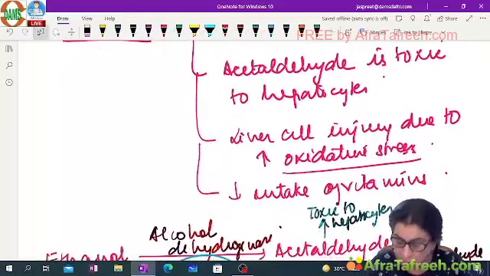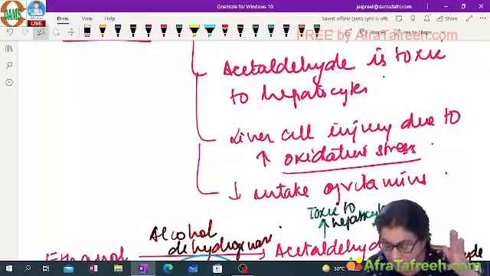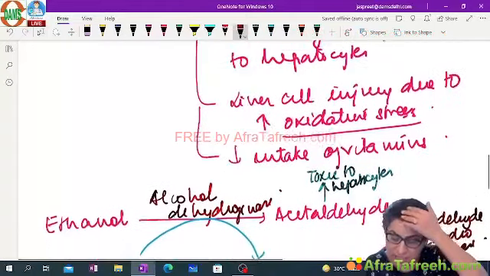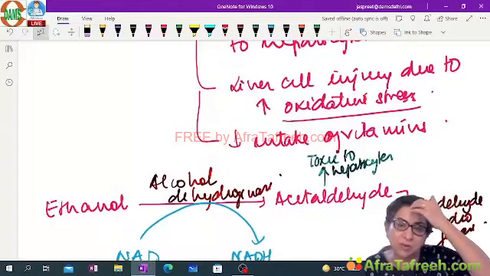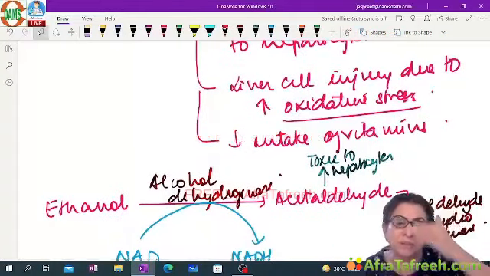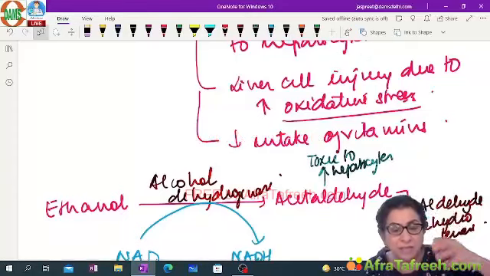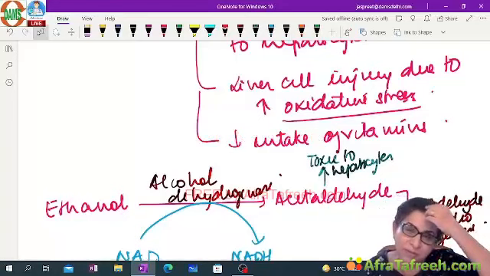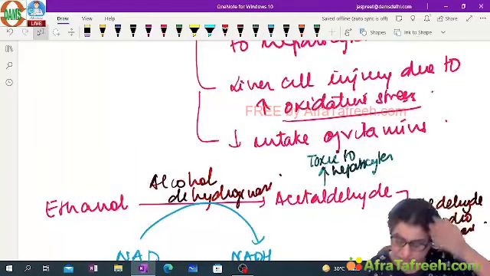Also, free radicals are generated, which impose oxidative stress and cause damage to the hepatocytes. And in an alcoholic, vitamin intake also decreases, and vitamins like B6 are very important because they act as cofactors in the liver.